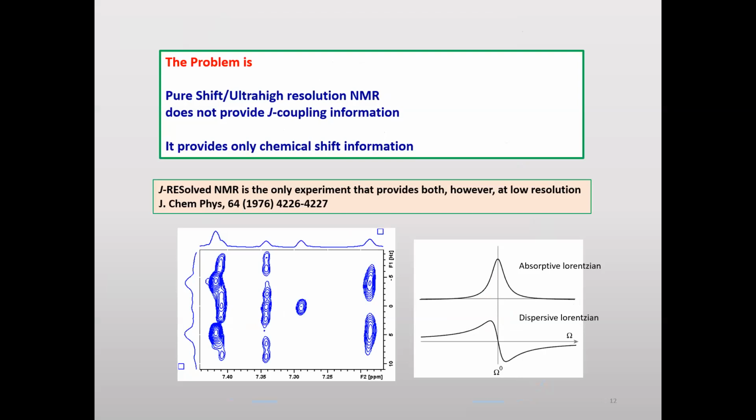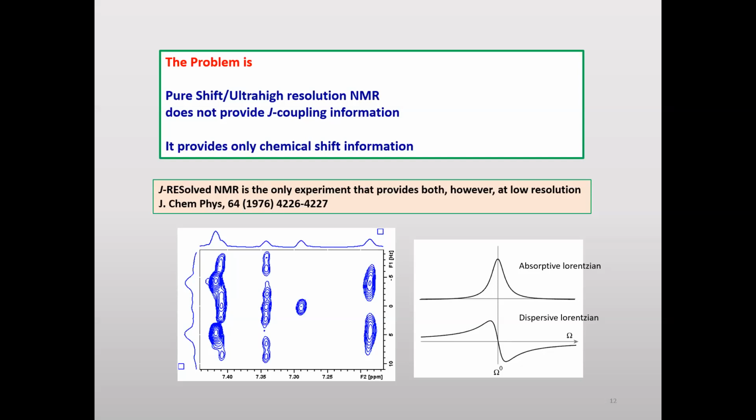The problem with all this pure shift or ultra high resolution NMR is that it does not provide the coupling information. They provide ultra high resolution chemical shift information. They don't provide ultra high resolution multiplet information. So in fact, the Z-resolved NMR is the only experiment that provides both the chemical shift and scalar coupling information, but at much lower resolution. This is the Z-resolved spectrum, and the direct dimension of this tilted Z-resolved spectrum provides us a pure shift spectrum.